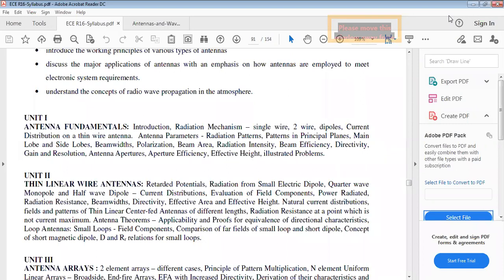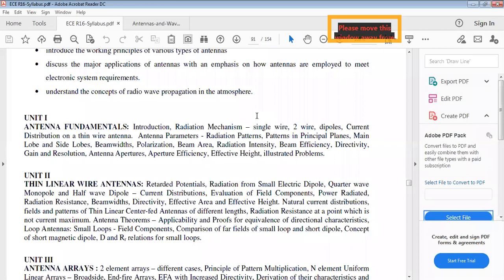And what are the expressions regarding the retarded potentials. In between the electric potential and the retarded magnetic potential, we derive the field components.